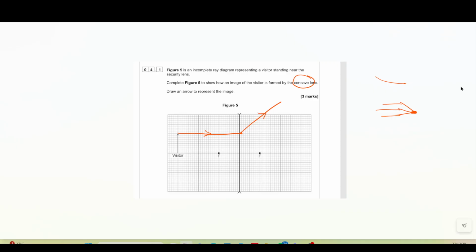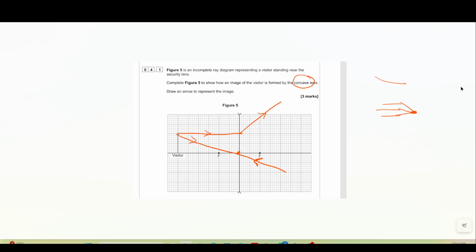And the light which passes through this point goes in the same direction. So that's why this is the incident ray and this is the reflected ray. Now let me remove this arrow so you don't get confused.